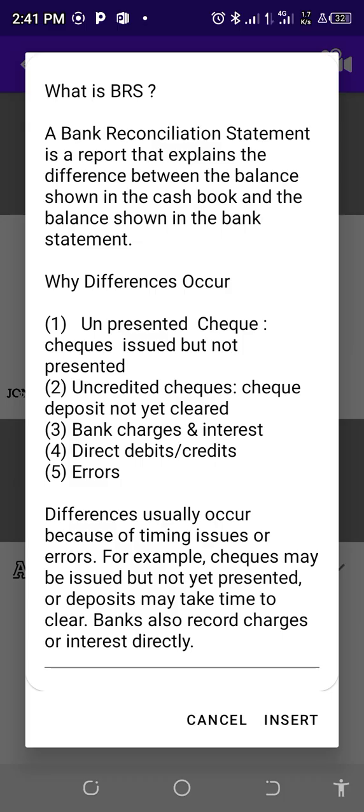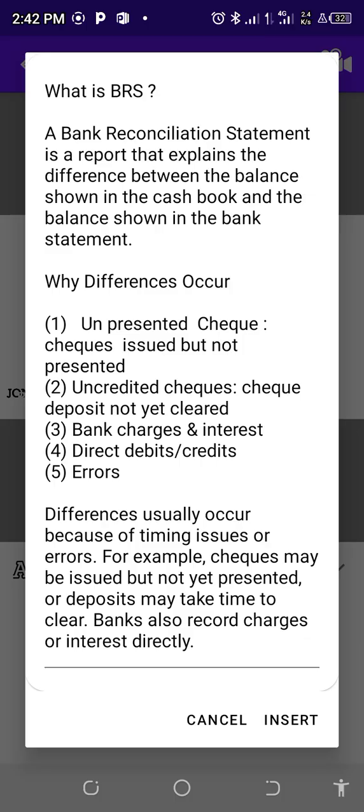Why the difference? Why the difference between the cash book and the bank statement? Why the difference in the balances, or in the balance of the cash book and the balance of the bank statement?